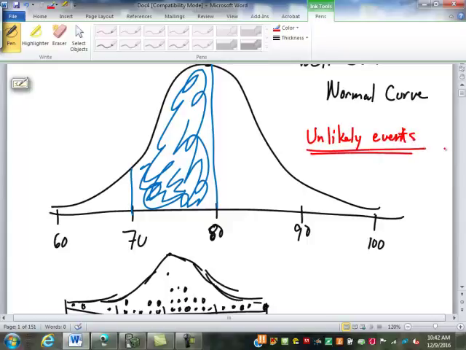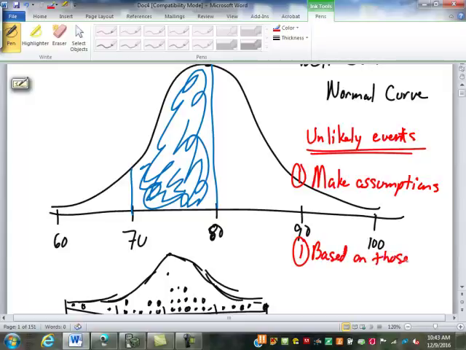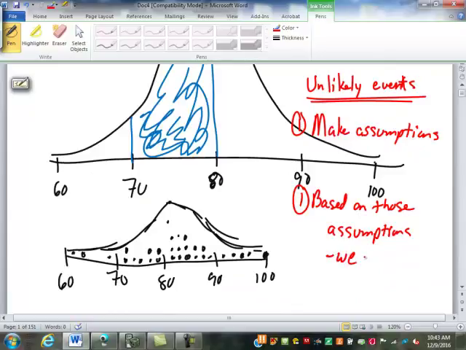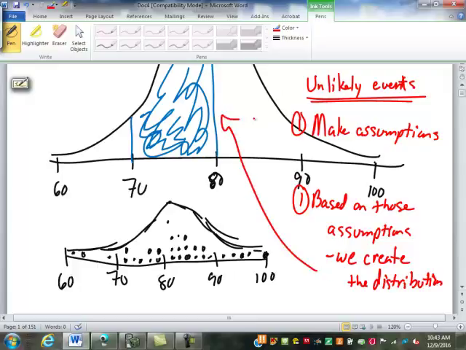So what we do is we make assumptions, and then based on those assumptions, we create this distribution. So that would be this bell curve up here.